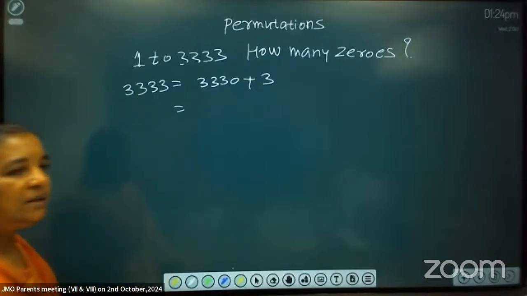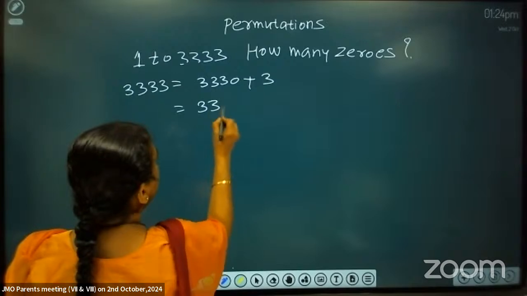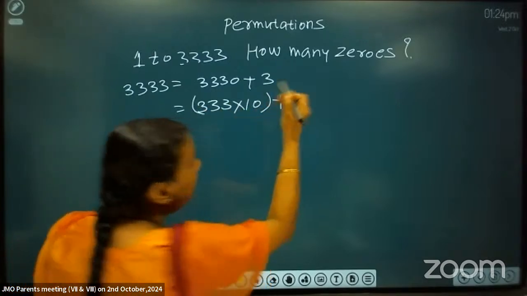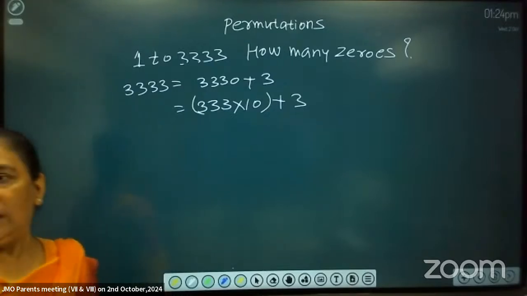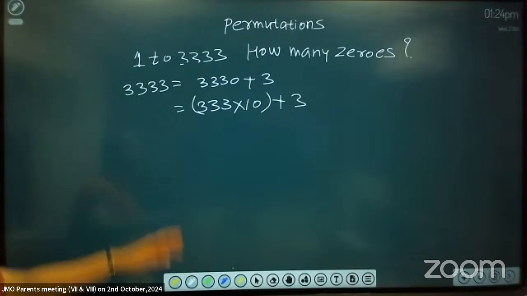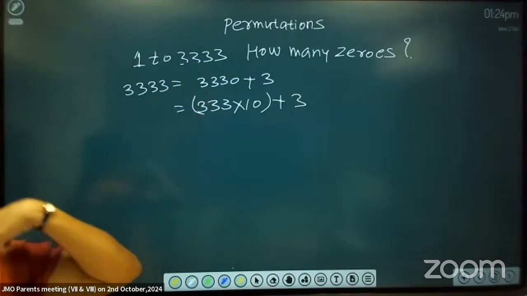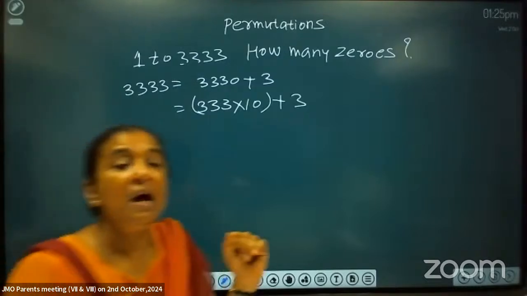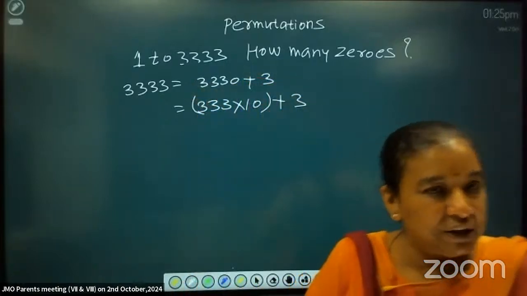This 3,330, I will write as 3,300 multiplied by 10 plus 3. You understand this? It means what? It means there are 333 tens. Okay? 333 tens are there when I write the numbers from 1 to 3333.